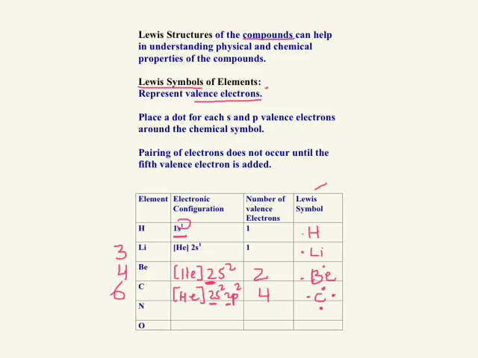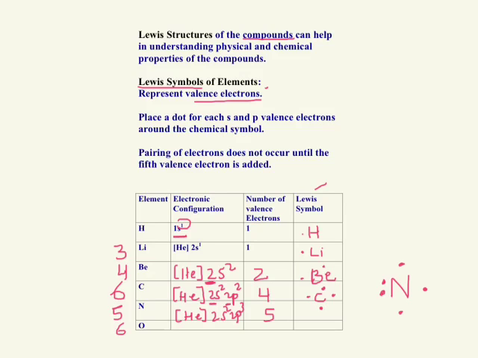That's the Lewis symbol for carbon. Nitrogen atomic number is 7. Electronic configuration will be helium 2s2, 2p3. Total number of valence electrons 5, and the Lewis symbol will be 1, 2, 3, 4. First you put 4 unpaired electrons and then you start pairing up.